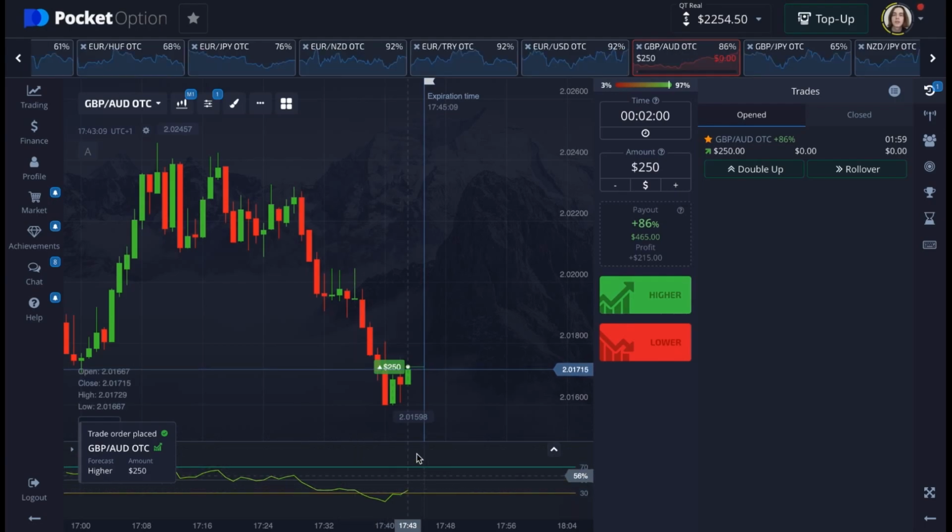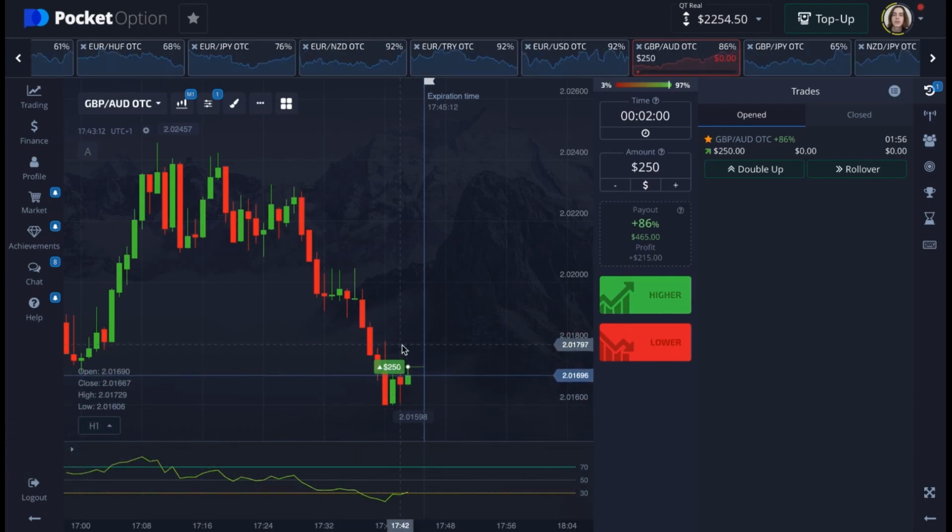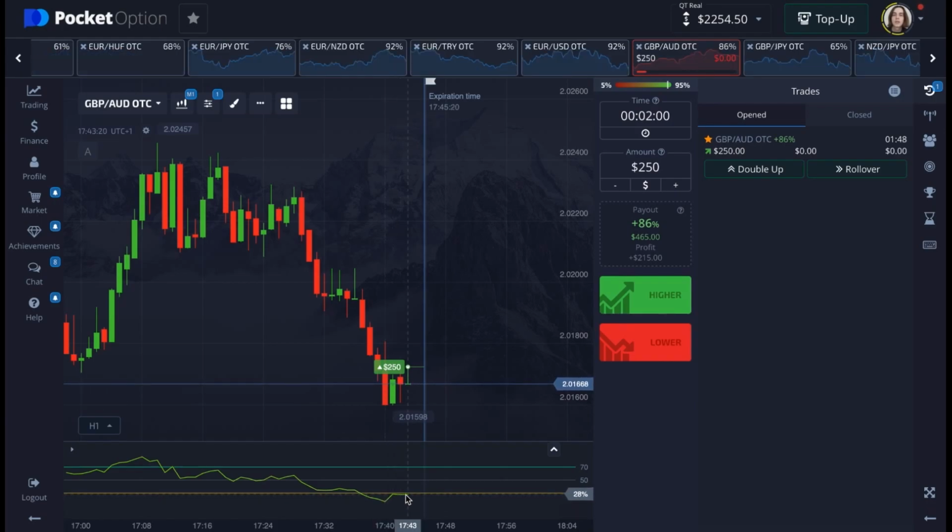Here I saw a great opportunity to open a position. As you can see, the price has gone beyond the oversold limit. After that, the indicator lines crossed this border from the bottom up.